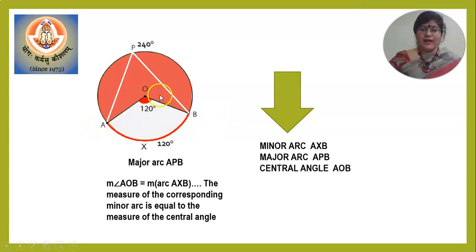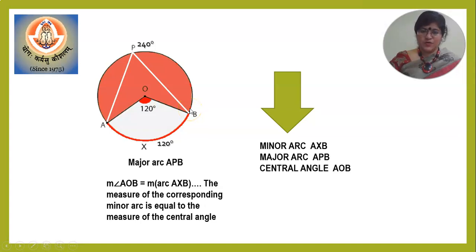Now, if angle AOB, the central angle, is 120 degree, then the corresponding minor arc will also be 120 degree, because the measure of the corresponding arc is always equal to the measure of the central angle. So whatever is the central angle, what corresponds to it? AXB corresponds to it.